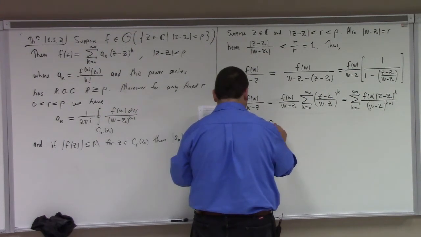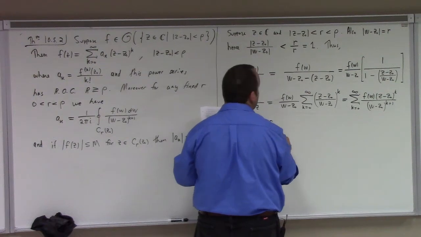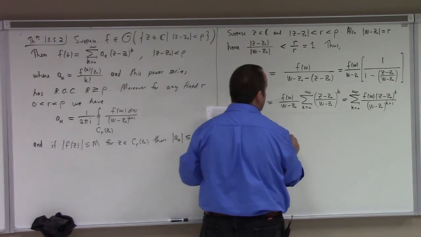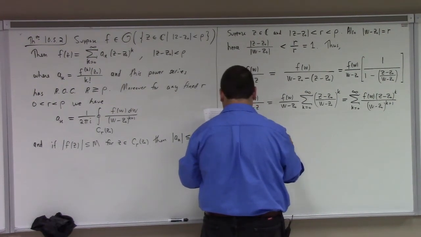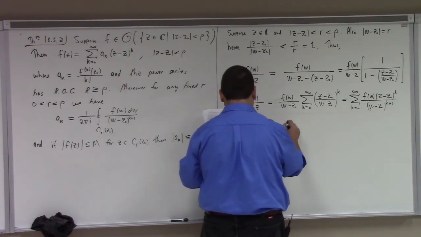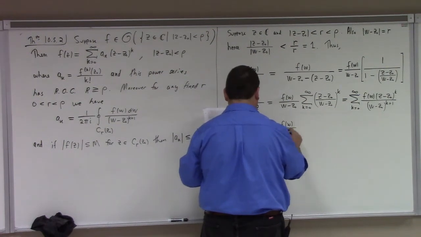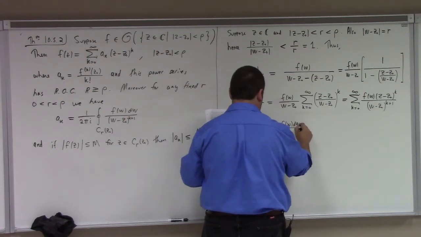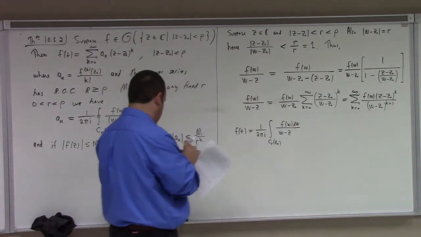You guys tell me why this makes sense. 1 over 2 pi i integral over the, sorry, I'm adapting it, circle of radius r centered at z naught. And here we've got f of w over w minus z dw. What's this right here? What's that stuff?